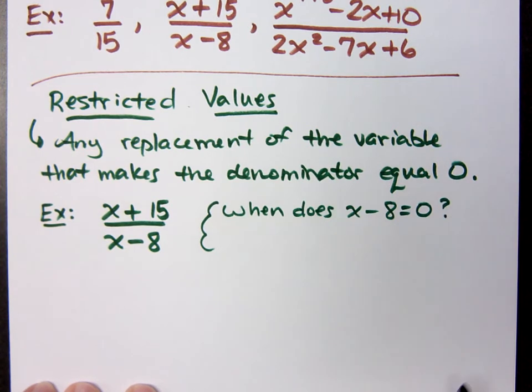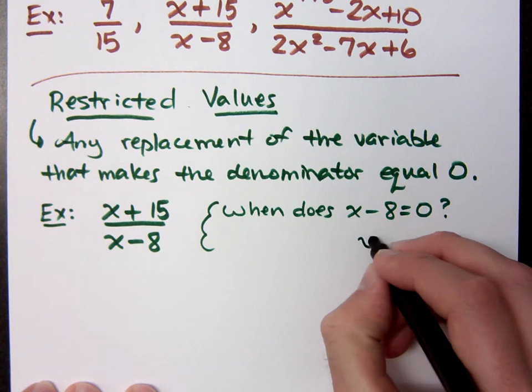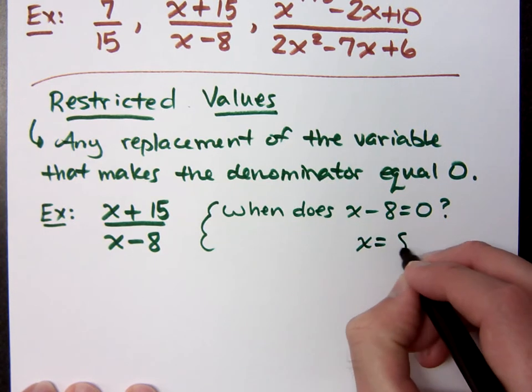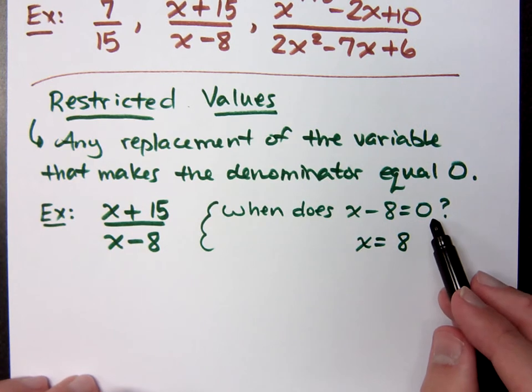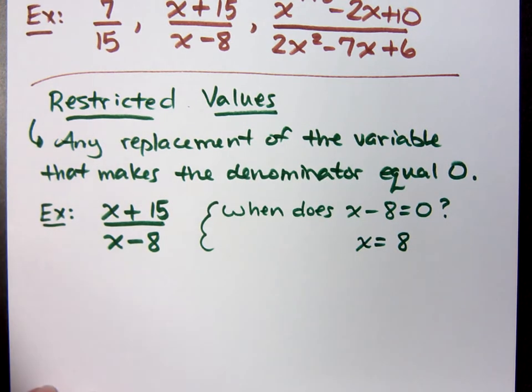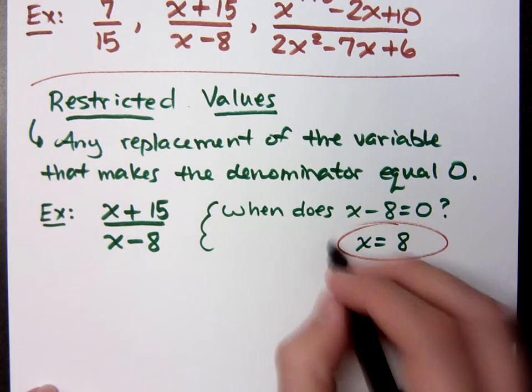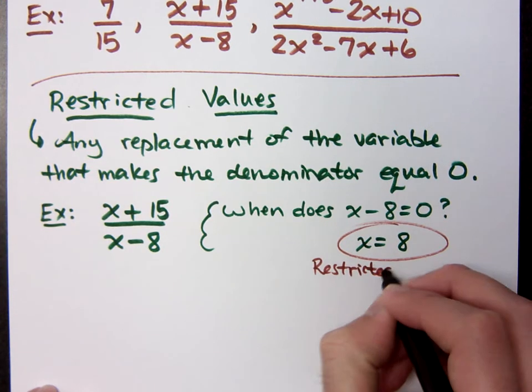Does that denominator ever equal 0? Could it? Yes. When? When you have 8 minus 8. So when x is equal to 8. When does x minus 8 equal 0? Well, if x is equal to 8. Are you with me? So what that means is that this, x equals 8, is what we call our restricted value. It is what makes that denominator equal to 0.